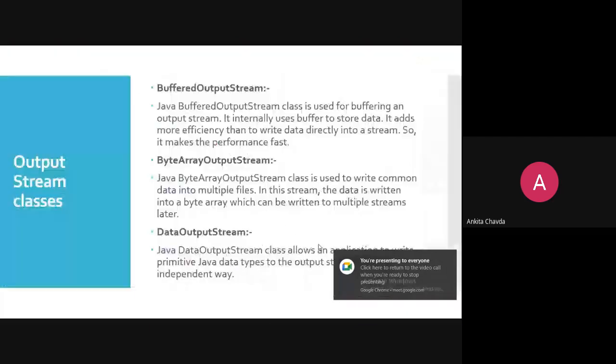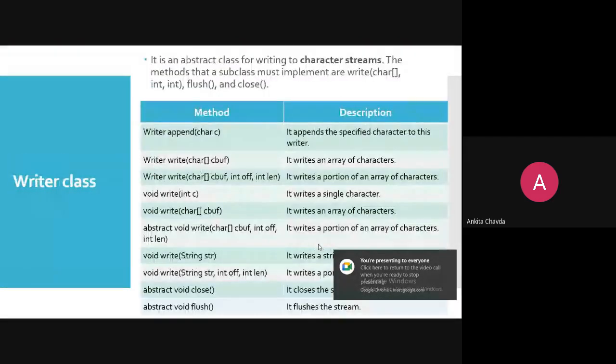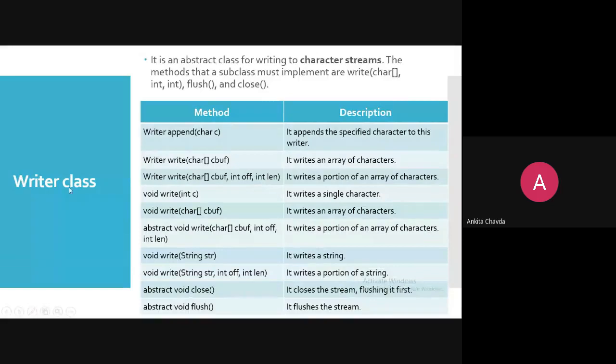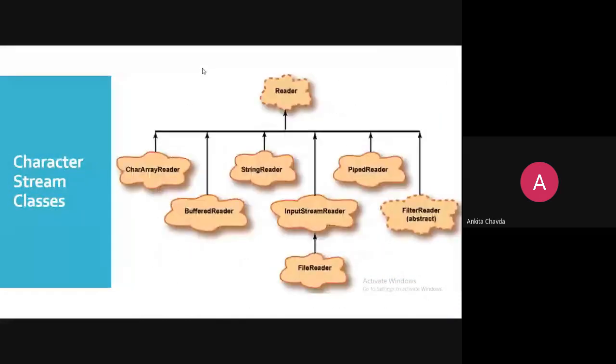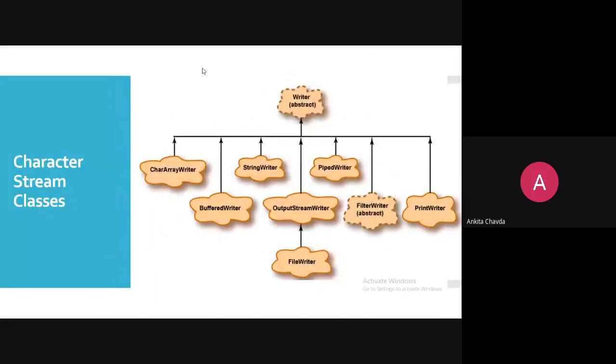Back to the slide. Now there is one class, which is the Writer class. I have already shown you the hierarchy, right? Here the Writer class is an abstract class, which is the main parent class, and from that only we are having the different classes. Again, I'm showing you. This is Reader and this is Writer class.